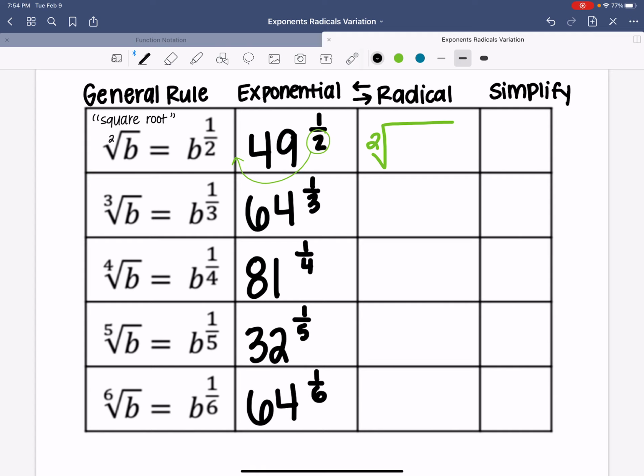So that's the square root of 49 to the power 1. Now, after we convert all of these, then we're going to simplify them because we can find that this is actually a whole number. The square root of 49 is just 7.